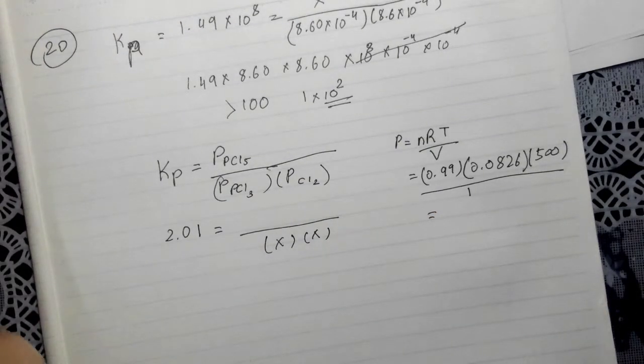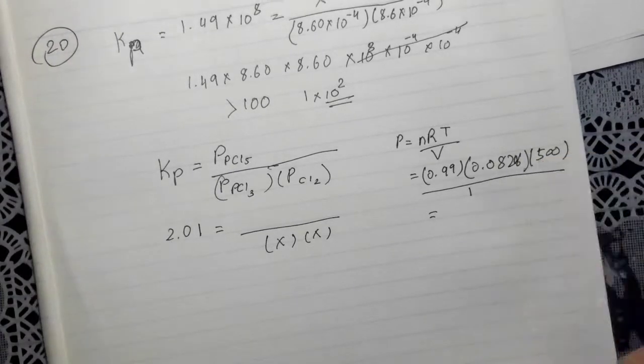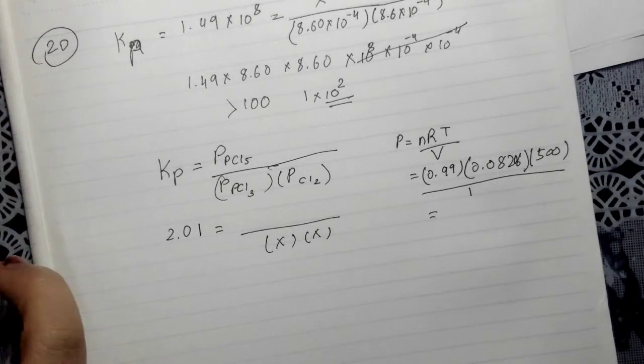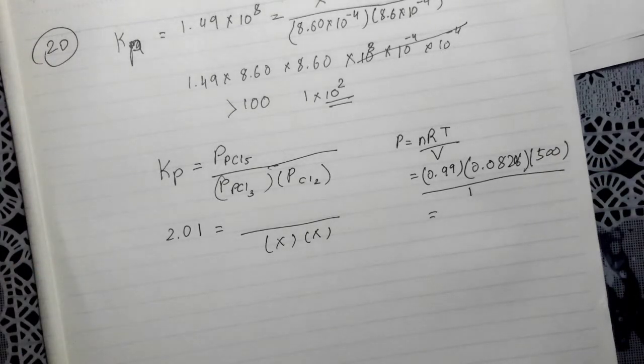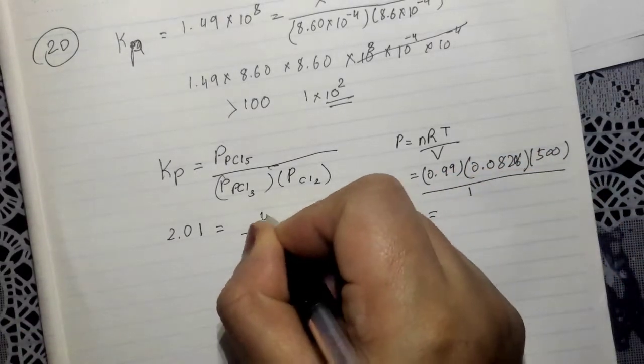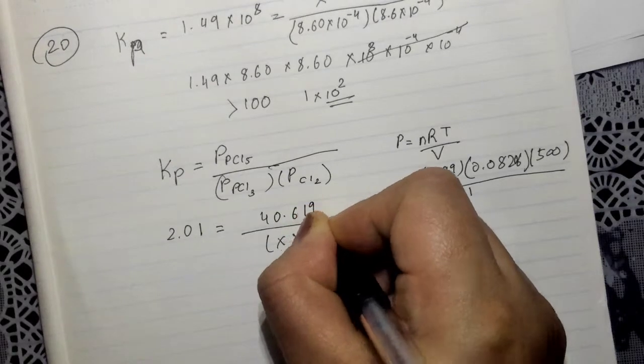So 0.99 times 0.082, I would just say 26. I'm not quite sure if that's the number. Let me see, 0.08206, and then times 500, so we're going to get 40.619.